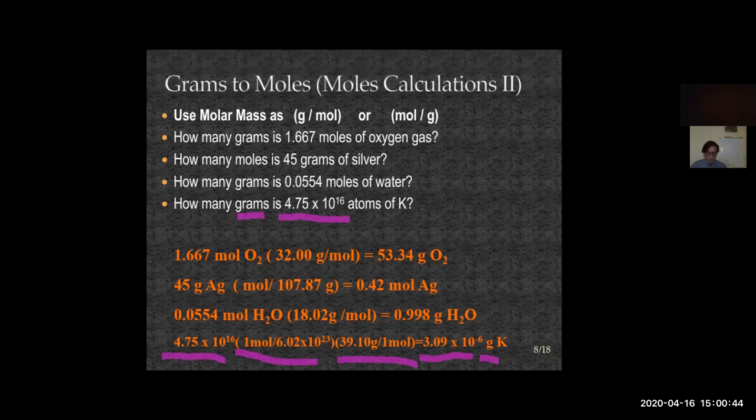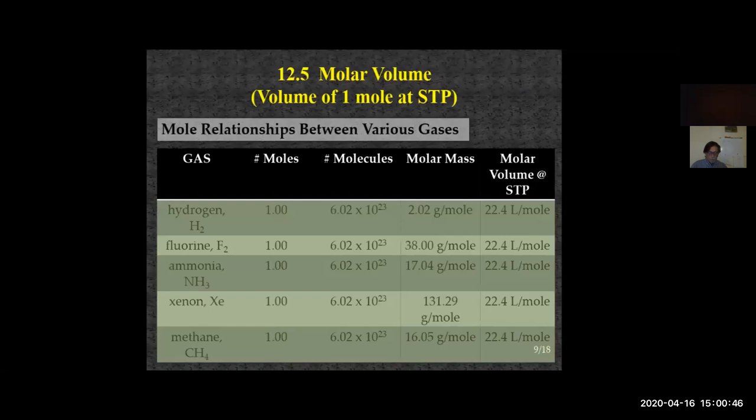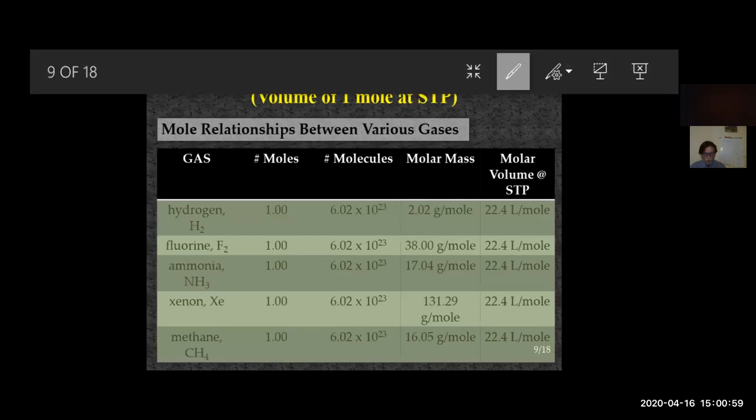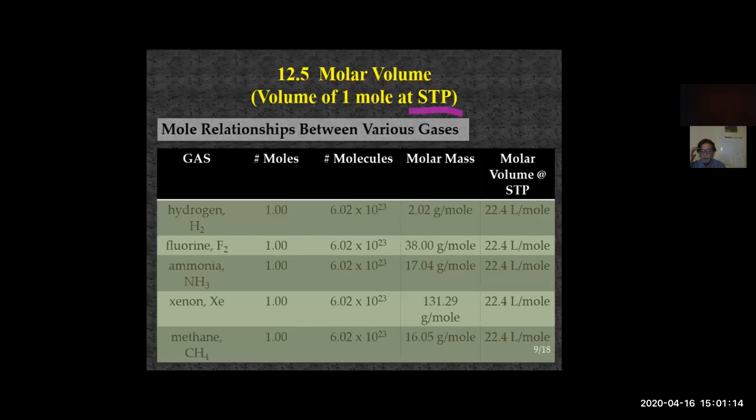Okay, so let's briefly talk about, we had molar mass. There's a new concept called molar volume. Now, this is only true for gases, and it's only true under certain conditions that are called STP, standard temperature and pressure.